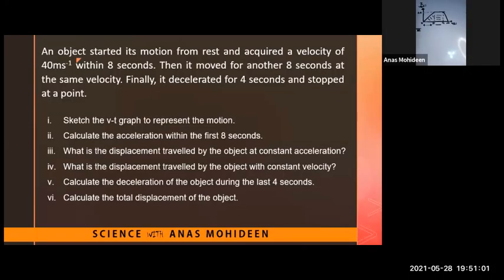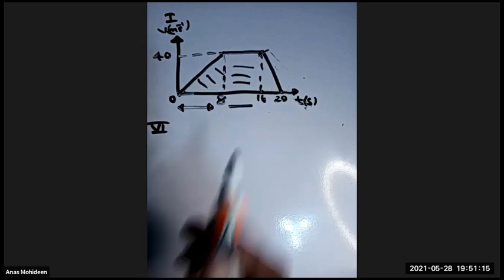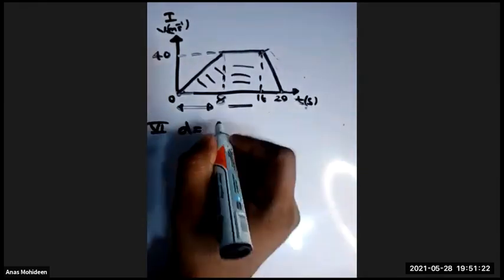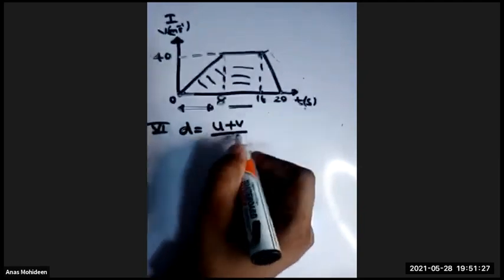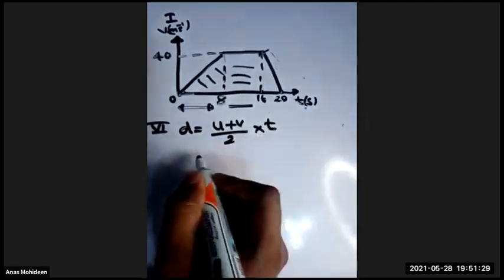So the next part is calculate the total displacement of the object. You have to find out the total displacement. So already we found the displacements during the first 8 seconds. It was 160, and the second 8 seconds was 320. Now the third one you have to find out. Displacement equals velocity into time. So since it is deceleration, I'm going to take (u plus v) divided by 2, multiplied by the time taken.